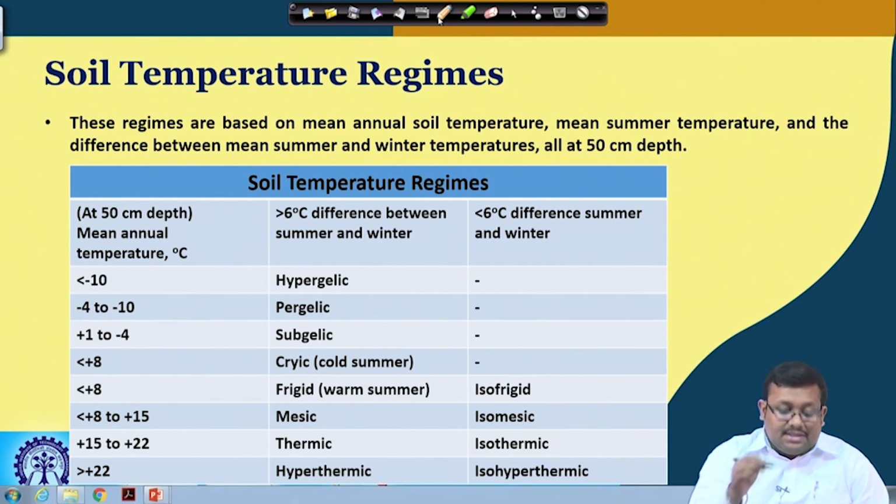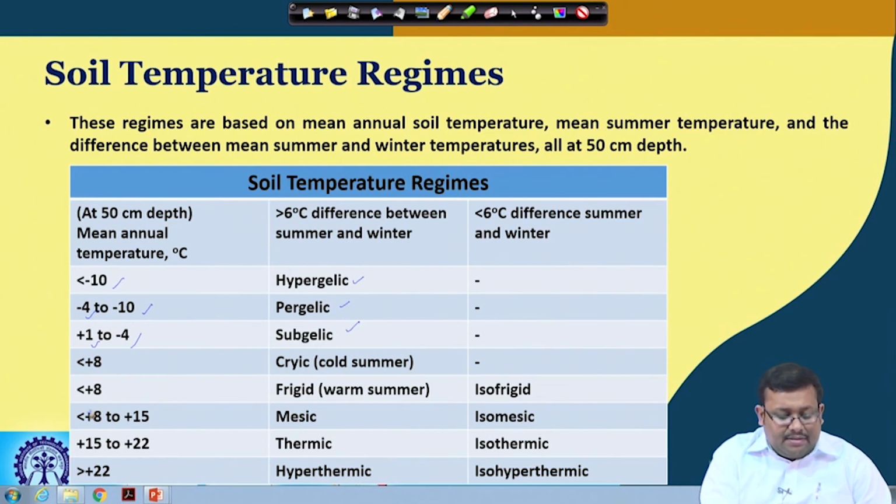As you can see from this screen, when the soil temperature regime is hypergelic, the mean annual temperature should be less than minus 10 degree Celsius. When it is between minus 4 and minus 10 degree Celsius, we call it pergelic. And when it is within minus 4 to plus 1 degree Celsius, we call it subgelic.